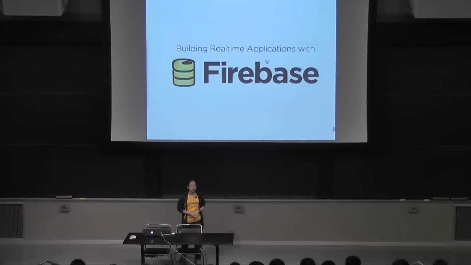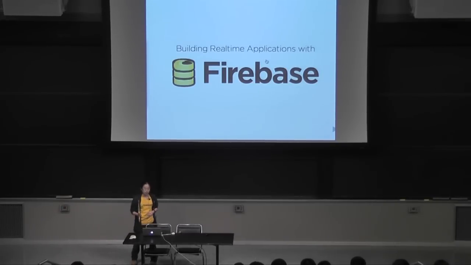For Parse in particular, Parse does allow you to have a back end, right? Without actually running your own servers, and they have a lot of support around extra features. What Firebase has on top of that is the real-time feature. So with Parse, you do still have to do the request and get the response, and if you want new data, you have to request it again and get the response. For Firebase, you just open up that connection, and whenever there's new data, you get notified about it.